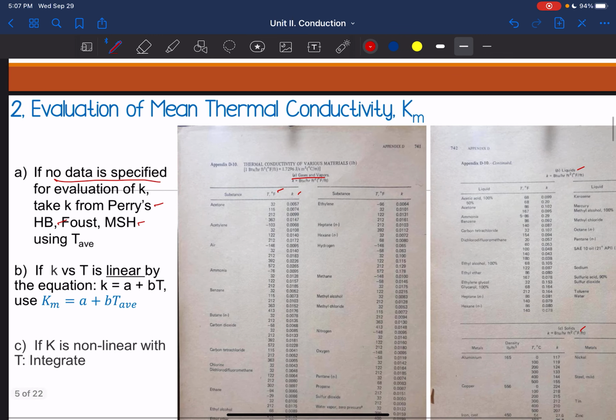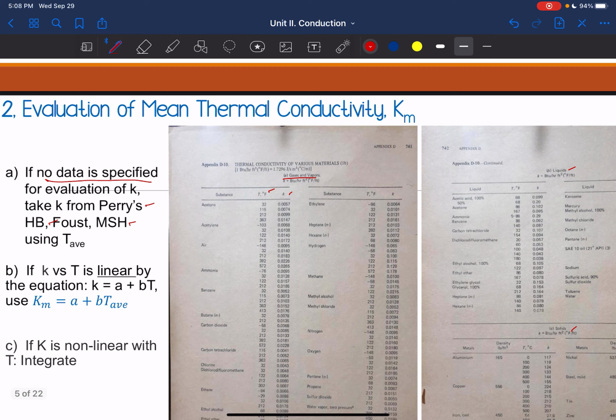Okay. Now, if K versus T is linear, you use the equation K equals A plus BT. You use Km equals A plus B T average. So this came from our equation. Take note, this usually occurs in liquids and gases.